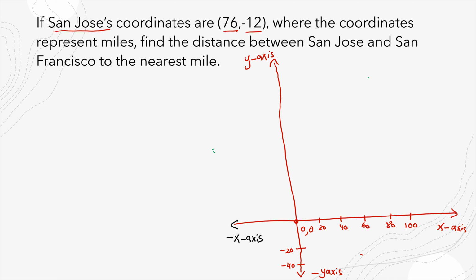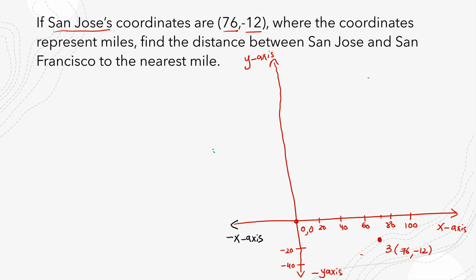If that is the case, the point we are looking for is around 76 and -18. So this is our point 3 having a coordinate of 76 and -18.